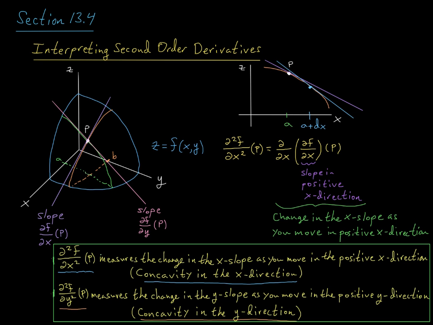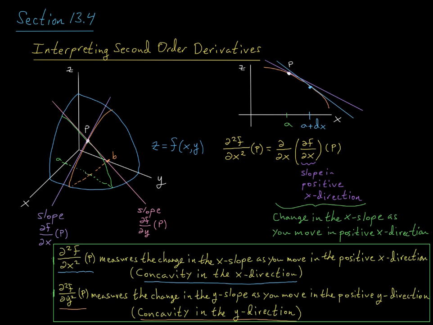So I can rephrase the top line as saying the xx derivative is really just measuring the concavity of our surface as we move in the x direction. For the way I've drawn this particular surface, given that this orange curve is concave down, that would tell me that the xx derivative for this surface at the point P would be negative.